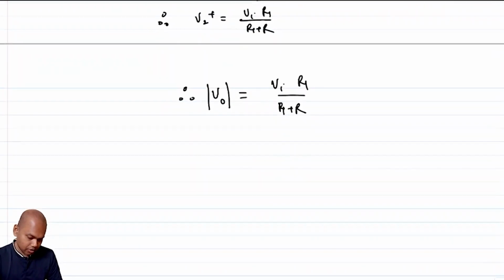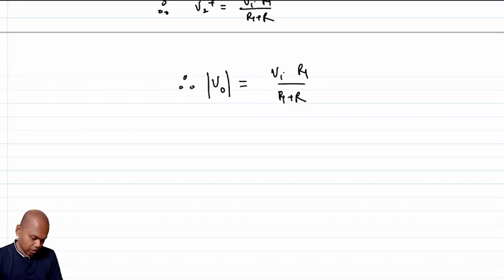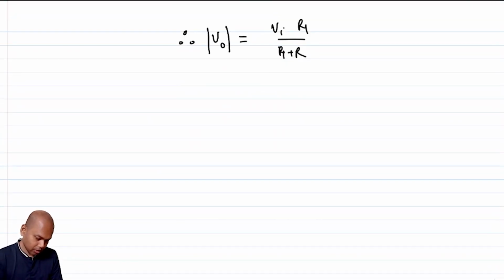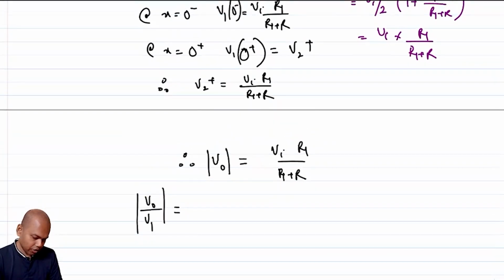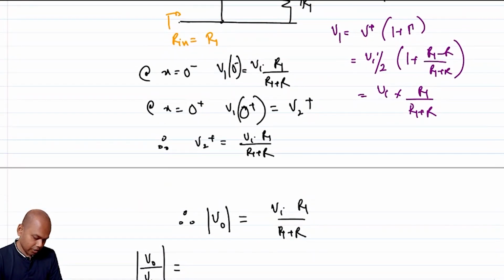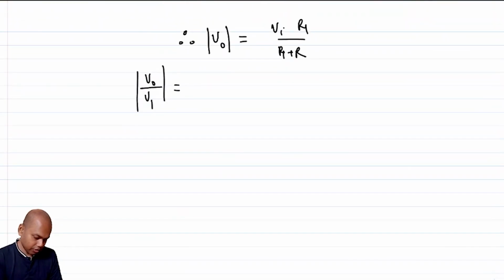Okay. So what is V naught over V1? V naught over V1 is essentially the same thing, that is equal to 1. But what is S21?